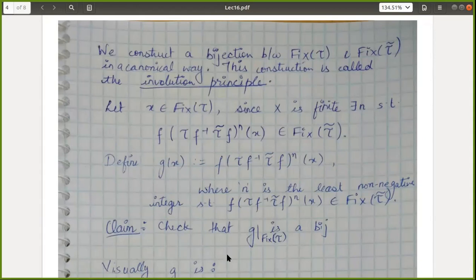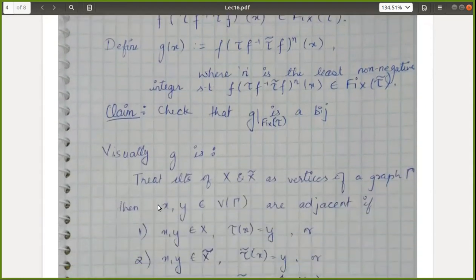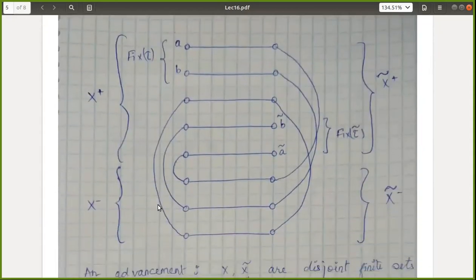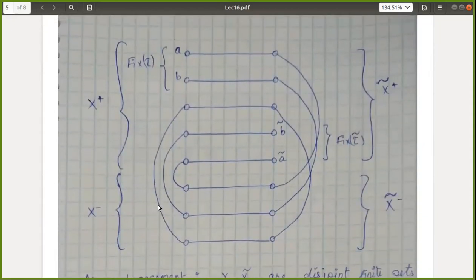Now I will show visually what it is giving us, and then it is pretty much obvious. So this entire huge, humongous looking thing is simplified visually by this diagram. In this, I have considered some elements here.